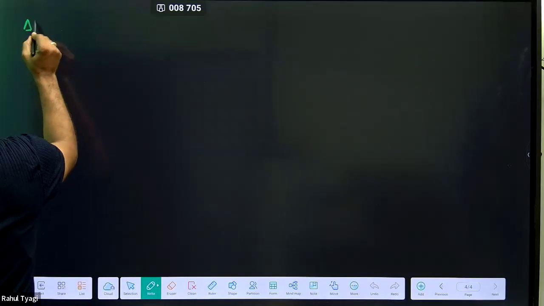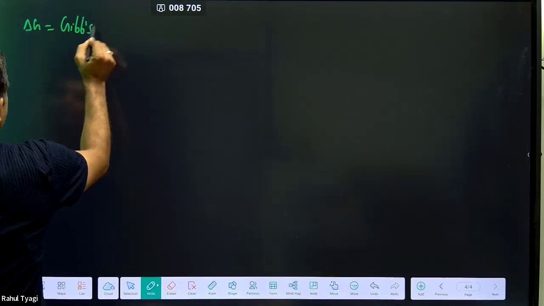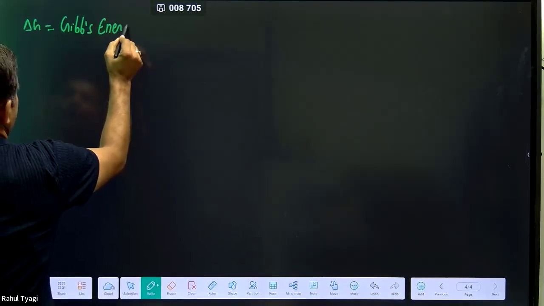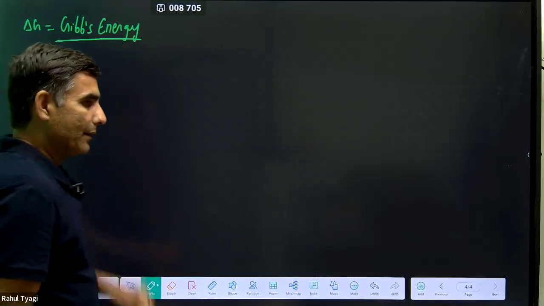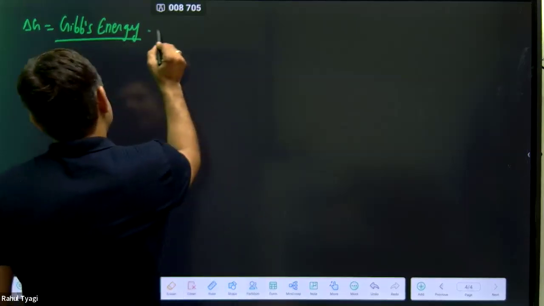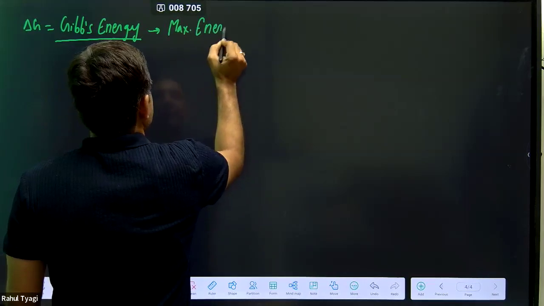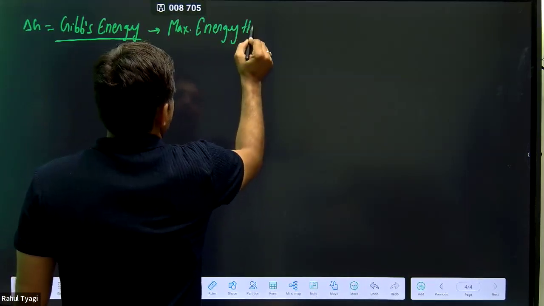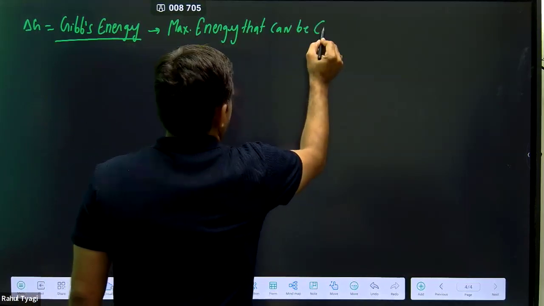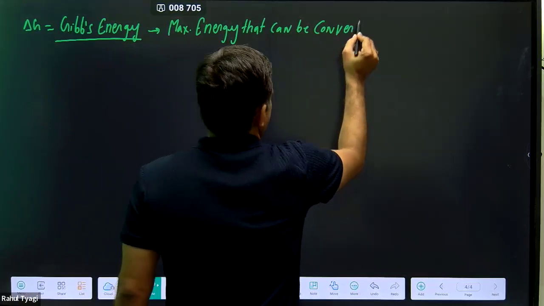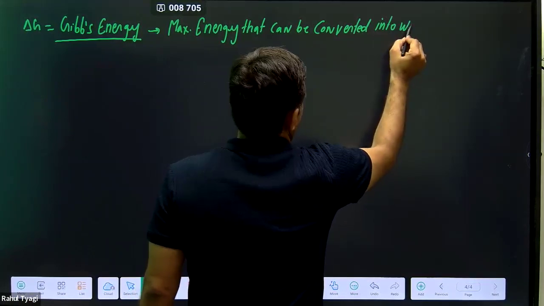Delta G is equal to Gibbs energy. And what exactly is Gibbs energy? Maximum energy that can be converted into work.